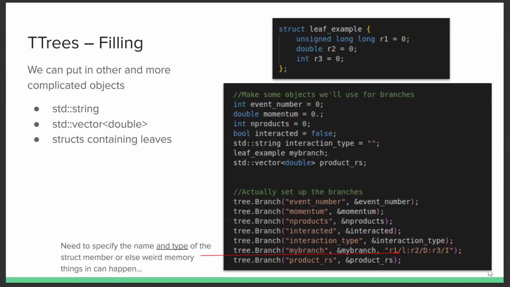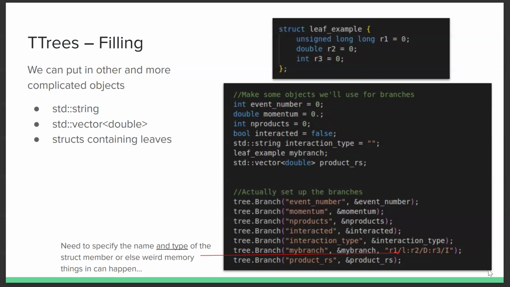The one that's different is this branch containing leaves. This is nice if you want to represent some subset of data and quickly and easily put that into your tree. You can create a struct that holds that data, and then you can make a branch with information about that struct and the data to extract from it.